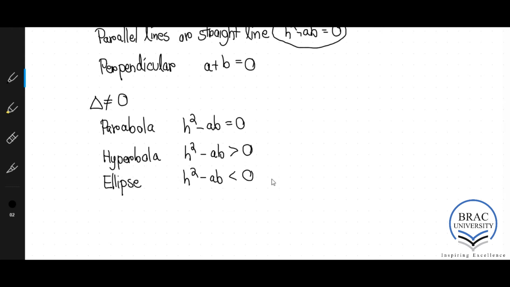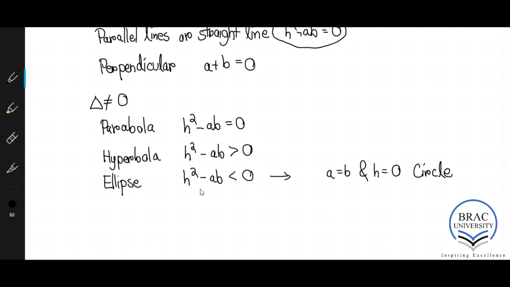So, but where's the circle? Well, the circle is going to further need another condition. If after h squared minus ab is less than 0, we have a is equal to b and h is equal to 0, we will have the circle.